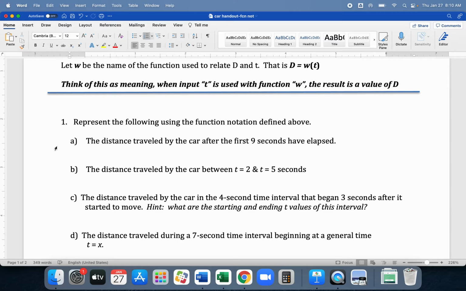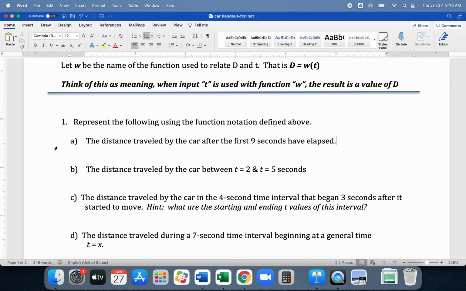So for part A, how would you represent the distance traveled by the car after the first 9 seconds have elapsed? Part B, the distance traveled between time 2 and time 5. Part C, the distance traveled in the 4-second time interval that begins 3 seconds after it started to move.